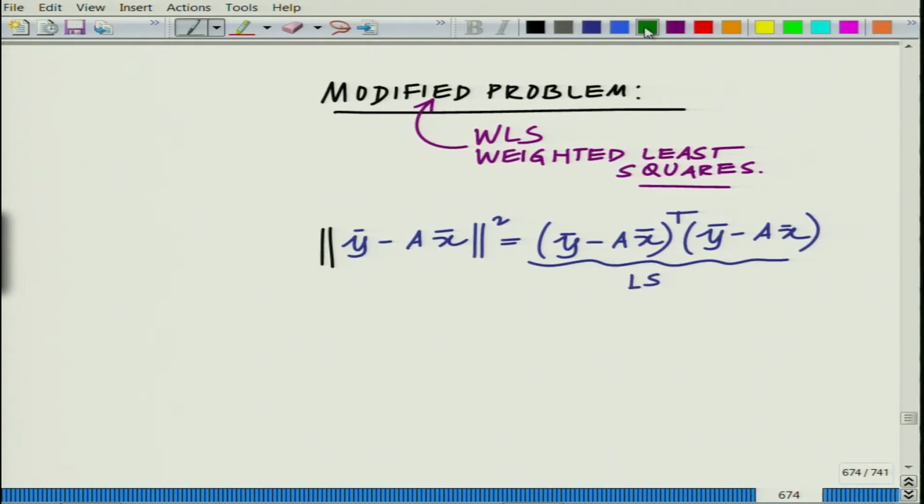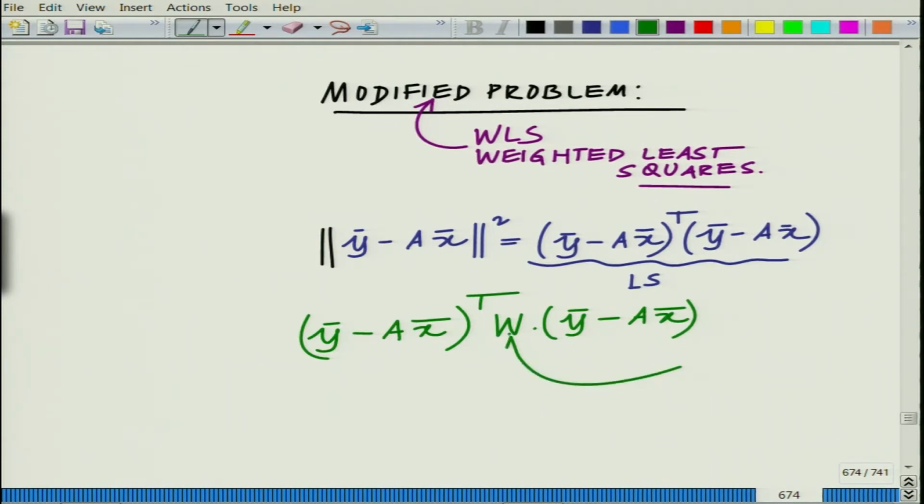Now, instead of this you have y bar minus A x bar transpose times W times y bar minus A x bar, where W is the weighting matrix.